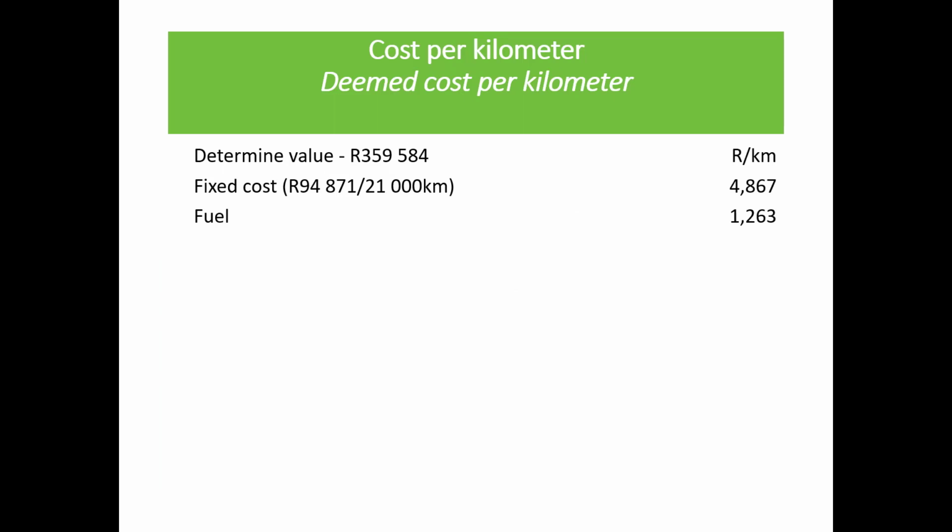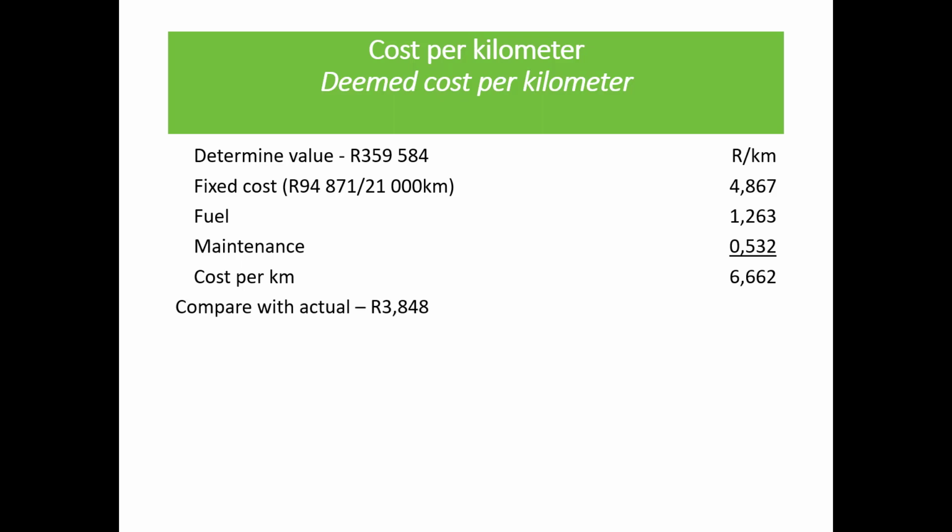Right, so the fuel cost, remember, we got that from the cost scale, which is just converted here from cents to rands. So we add everything up, we get to an amount of 6 rand and 66 cents. So that is the cost per kilometer using the deemed cost scale.